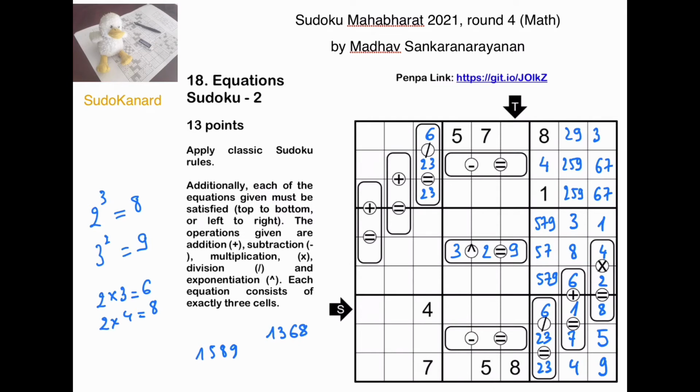That's good progress. Here the options are 1, 5, 6, and 7. So this is 1 or 5. And this obviously won't be a 1.